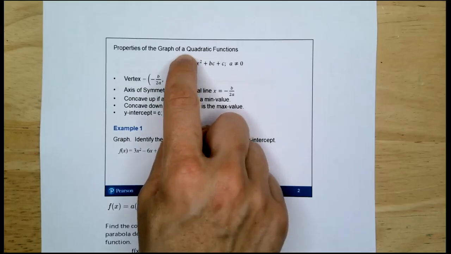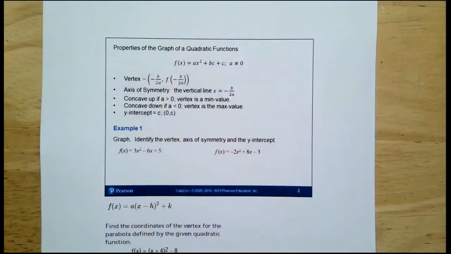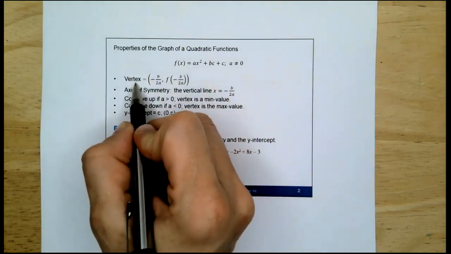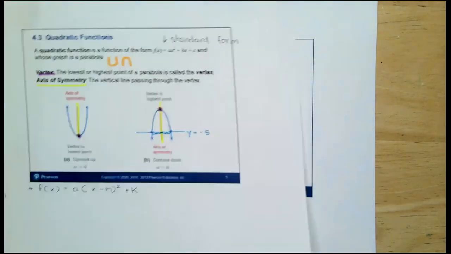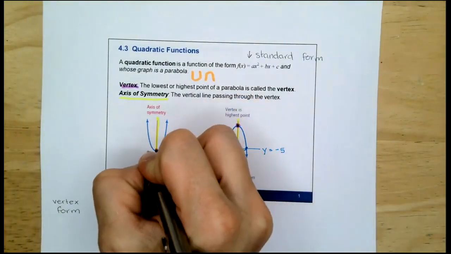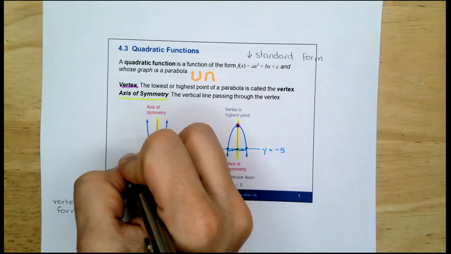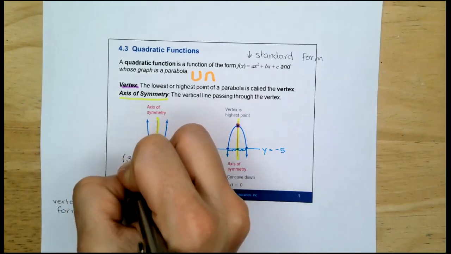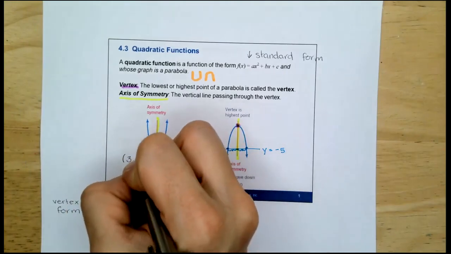That sounds complicated, but we're going to practice it a bunch today. So the vertex is this guy. Let's make something up. We'll say that this vertex is the point (3, 4).